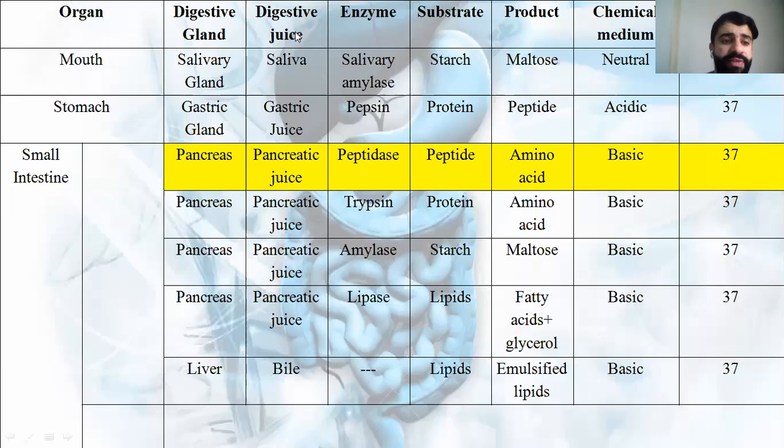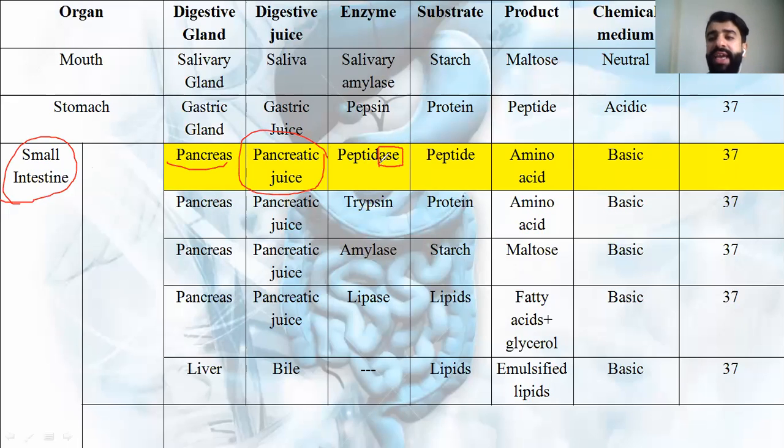Pancreas. At the level of the small intestine, we have the pancreas. The pancreas secretes juice, like the name of the pancreas. It's called pancreatic juice. This pancreatic juice contains an enzyme called peptidase. It ends with ase.